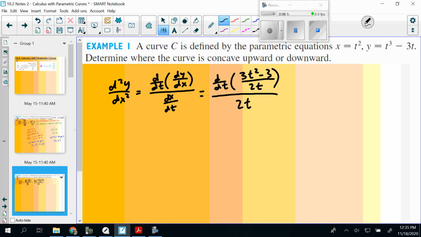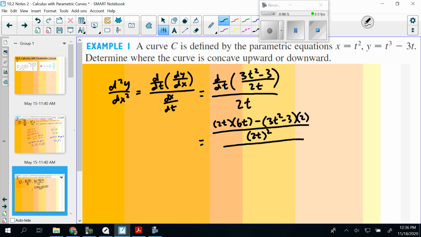To do the derivative of the top, it looks like we're going to have to do quotient rule. So doing quotient rule here, we got low d high, which would be 6t, minus high d low. Derivative of the bottom is 2, all over 2t squared, all over 2t.